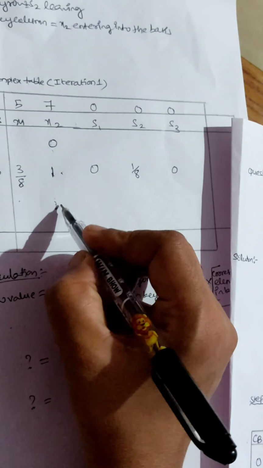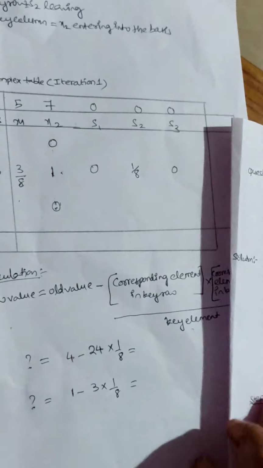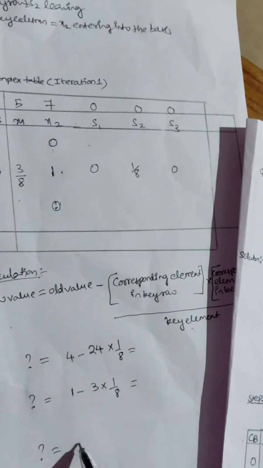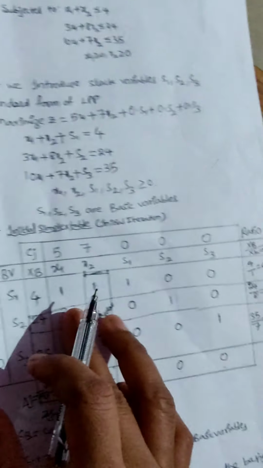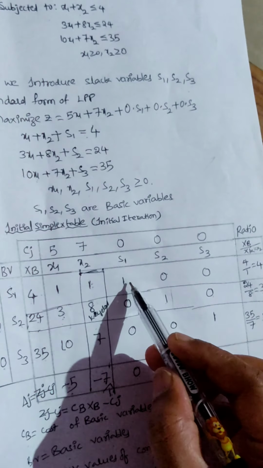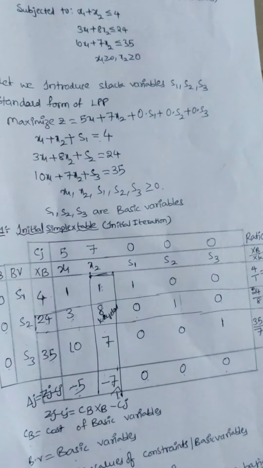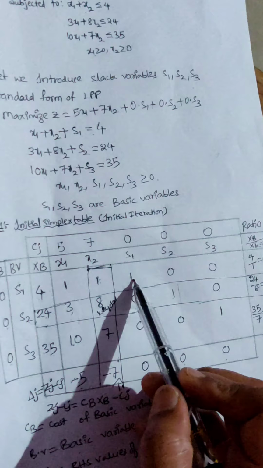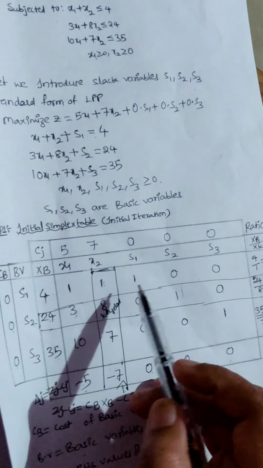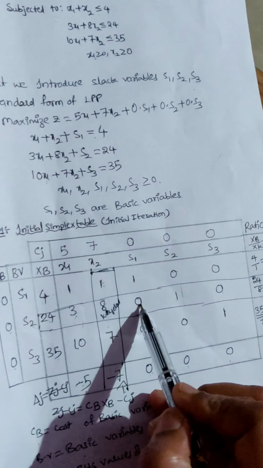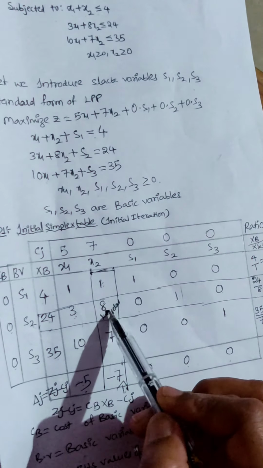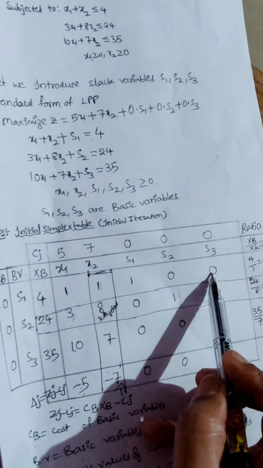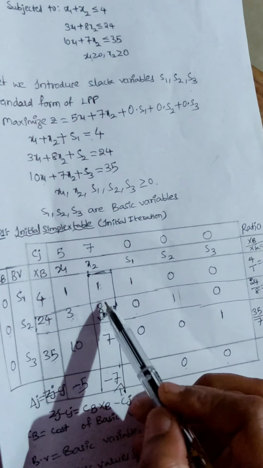We can write directly 0, 0, and for this value it is 0 minus... and for this old value we have to replace it by the new value, that is 1. Corresponding element in the key row is 0. 1 minus 0 into 1 by 8, and for this 0 minus 1 into 1 by 8. For this 0 minus 0 into 1 by 8.